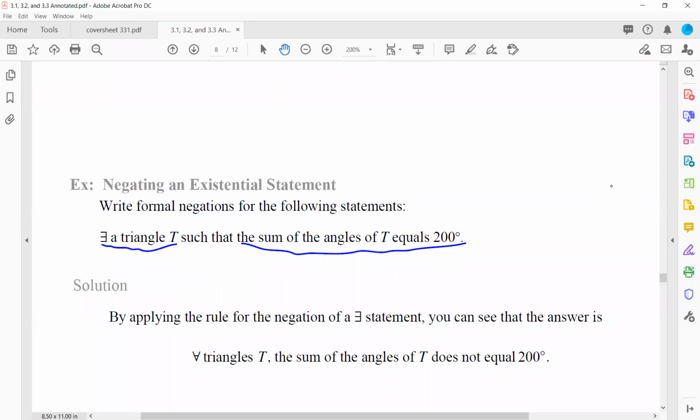The negation of there is going to be for all, for any triangles like T. The negation of the original statement: the sum of the angles of T does not equal 200 degrees.